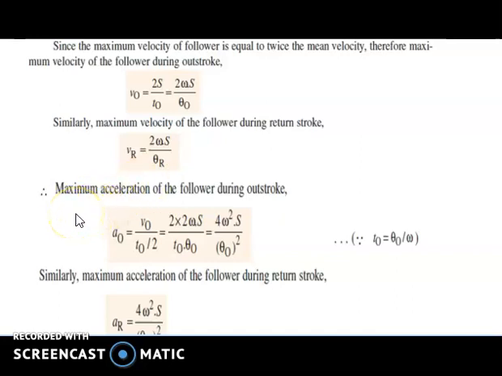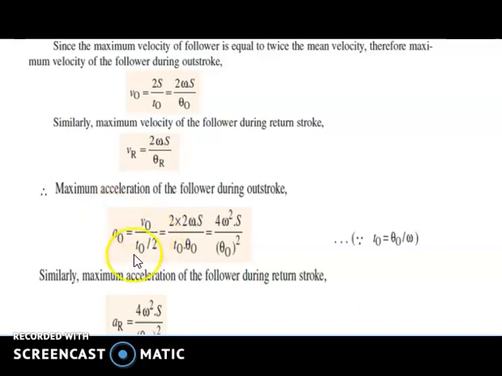Next, we will find out what is the maximum acceleration of the follower during outstroke. So we know that the maximum acceleration is equal to two times the mean acceleration.